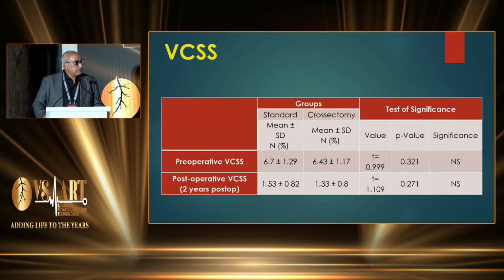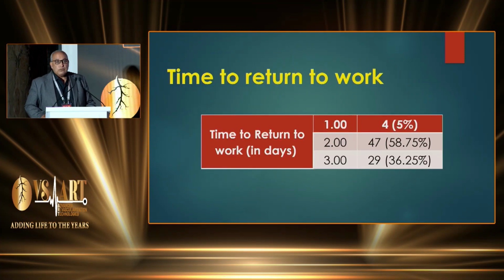This is very important: there is a significant reduction of the VCSS in both groups, either standard or crossectomy patients. About 5% of our patients returned to work after just 1 day, but the main group, about 60%, returned to work after 2 days, and the rest of the patients returned after 3 days. No more than 3 days do they have to stay out of work.